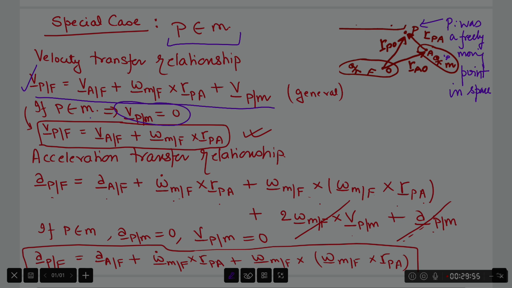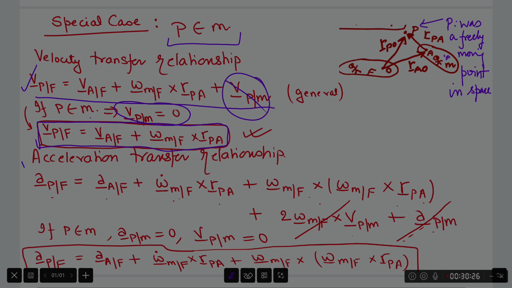Velocity of P with respect to M is 0, and thus this term will drop out, simplifying the velocity transfer relationship to this form. So while applying these equations, if we are aware that P is a point fixed in M, you don't have to carry along this extra term. This can be dropped.